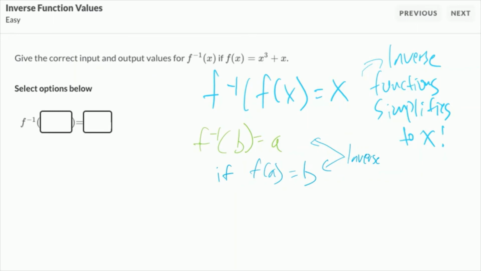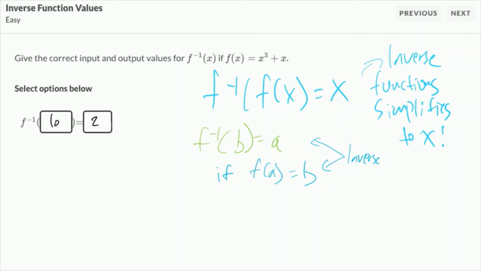Give the correct input and output values for the inverse of f, if f of x equals x cubed plus x. Since we're talking about inverses, the inverse function simplifies to x. So one example I can have is f inverse of b equals a if f of a equals b. So let's say I put in 10 and 2.